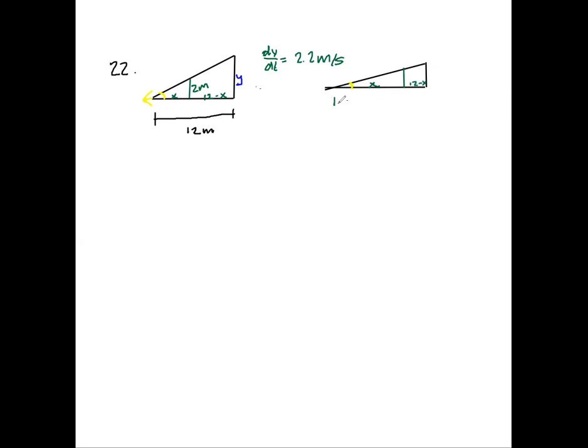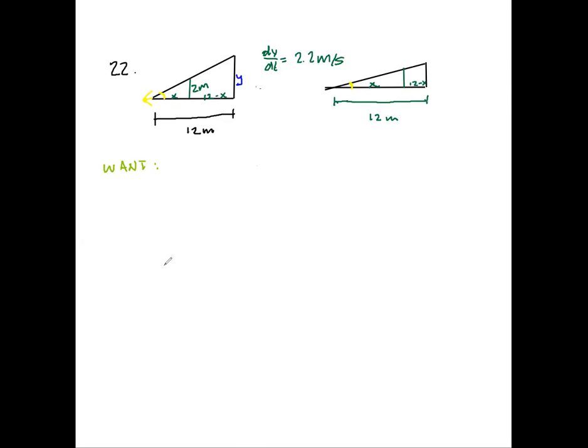Yes, that is something my calculus teacher taught me, and that I do every time. So what I want from this is how fast the height of his shadow is changing on the building, which we can kind of represent mathematically.